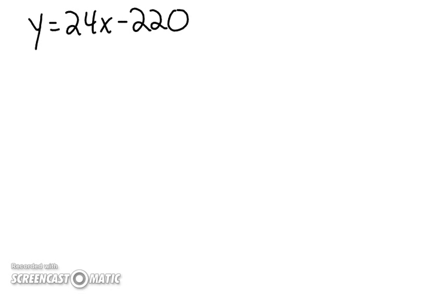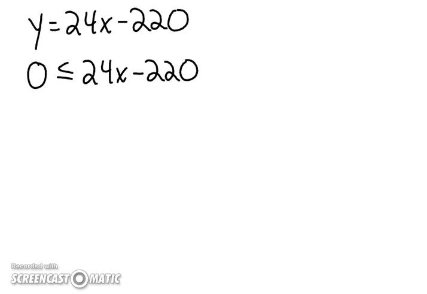So if she wants to make a profit, I'm going to turn this into zero. Zero is what we would call the break-even point, where she wouldn't make or lose any money. But zero has to be less than or equal to 24x minus 220. You have to have more than $0 when you're done with this.